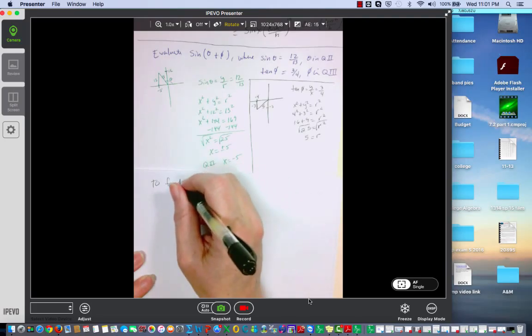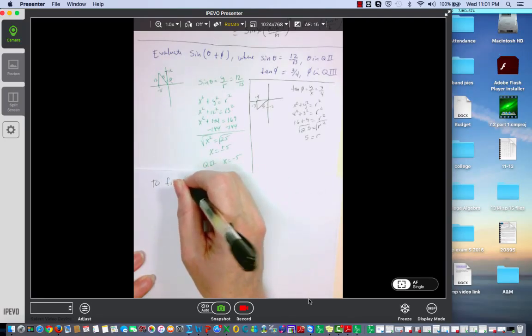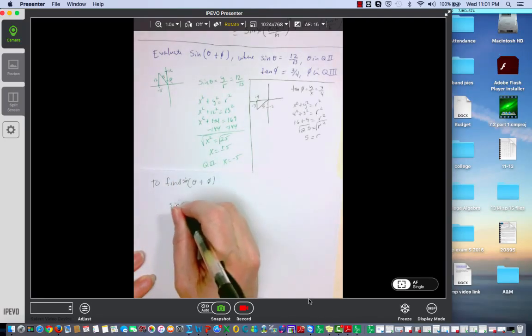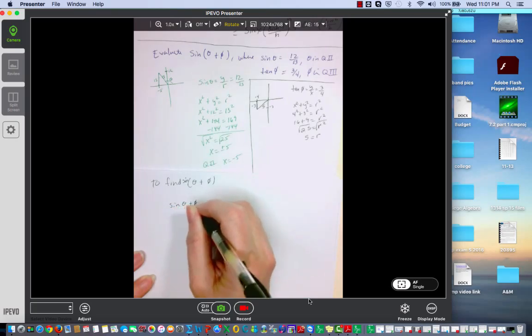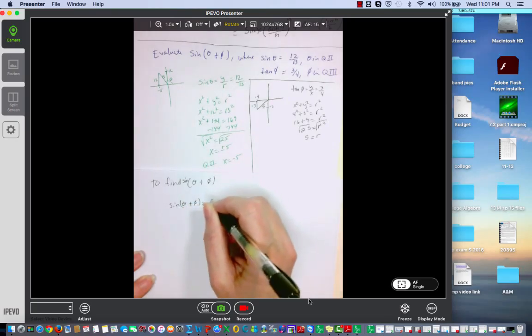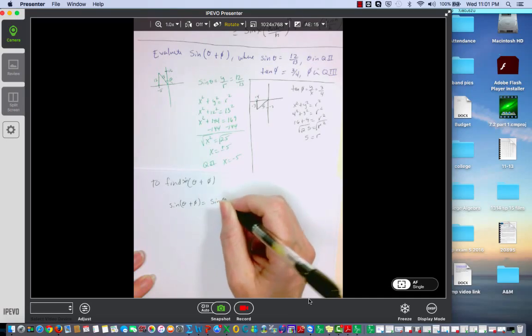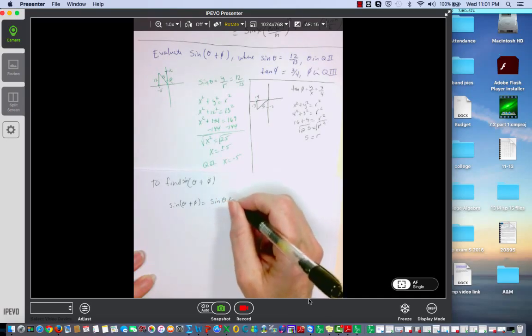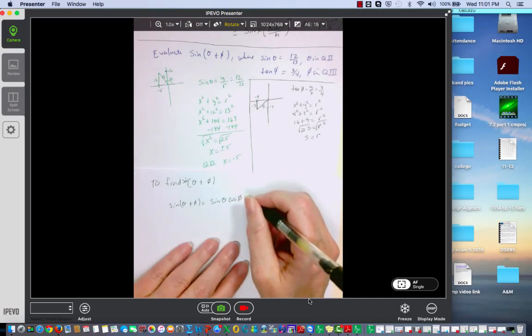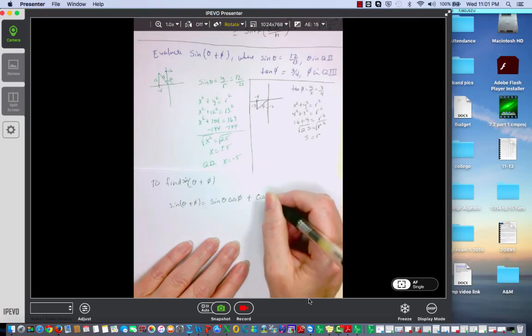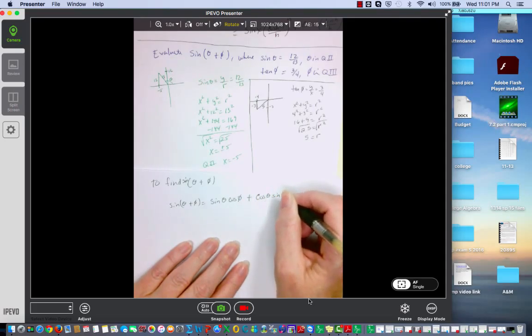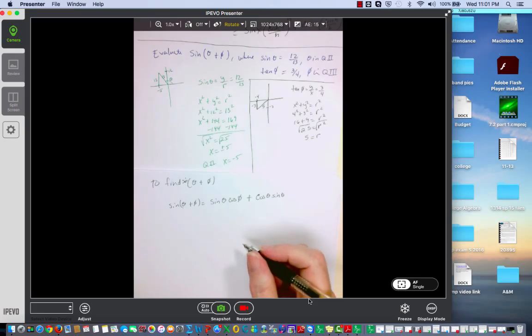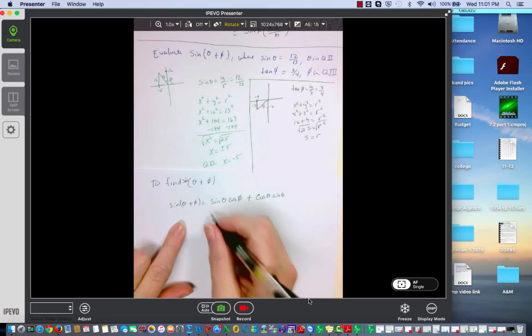So we've got sine of theta plus phi is equal to sine theta cosine of phi plus cosine of theta sine of phi. That's the formula that you'll find in the book.